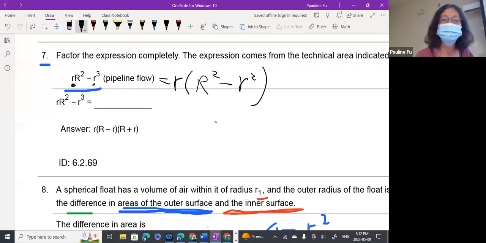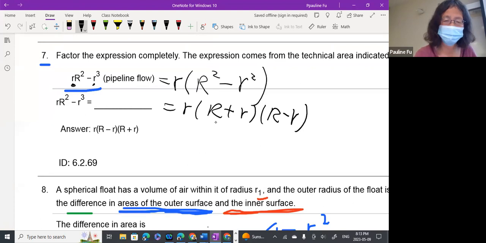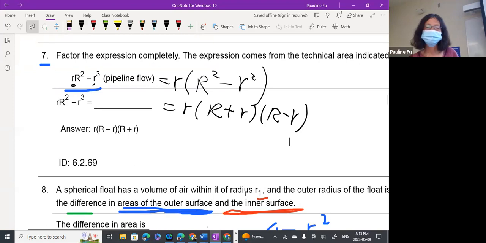So these are R minus r and R plus r. Excellent. So this is the final answer. Move on, next question.